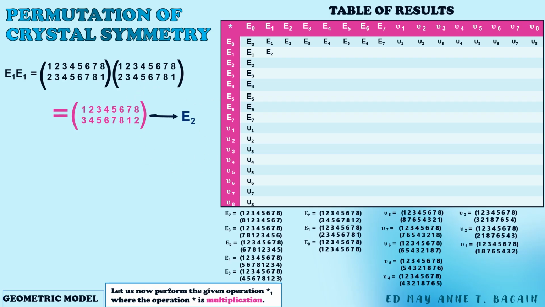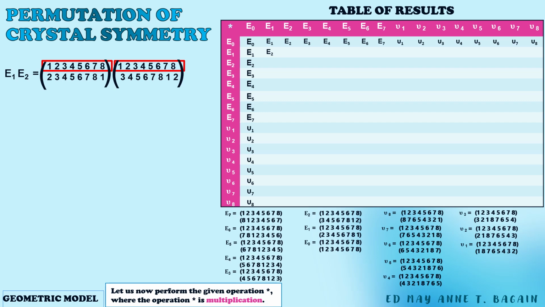Okay, next, let's check epsilon sub 1 star epsilon sub 2. We have here the original at the top, and then let's see what is the new one. So we will be looking here at the 3, as we can see.